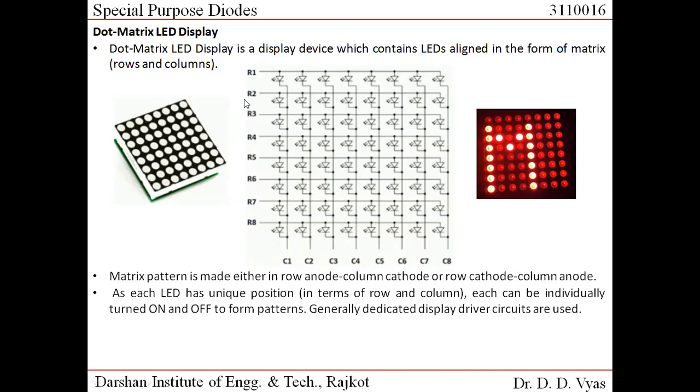Only R2 is made positive, so the potential difference would be plus 5 volts and 0 volts, and hence this LED would glow.